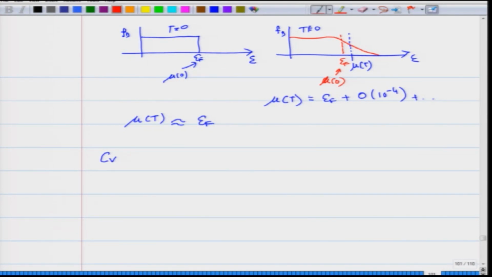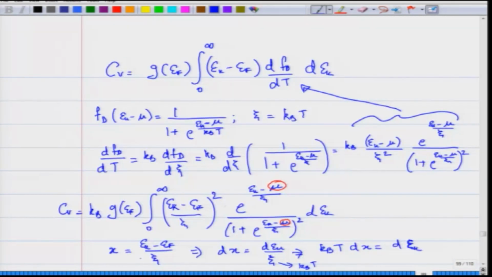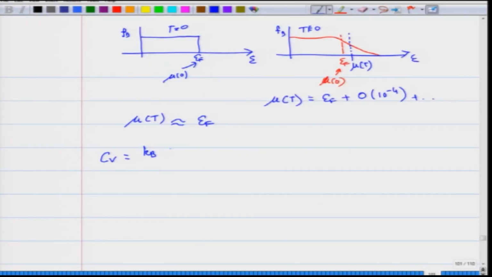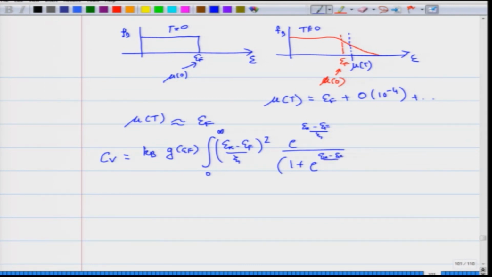We will approximate these with the Fermi energy, and therefore we can rewrite this expression as Kb g(EF) integral 0 to infinity of ((Ek minus Ef) by zeta) the whole square, e raised to (Ek minus Ef) by zeta, divided by (1 plus e raised to (Ek minus Ef) by zeta) the whole square, dEk.